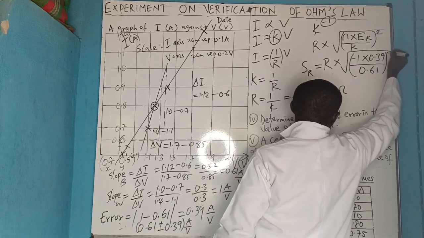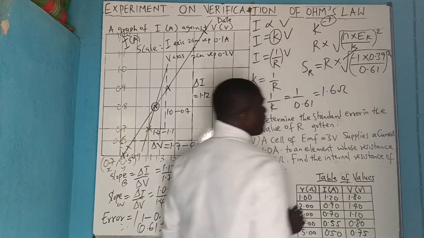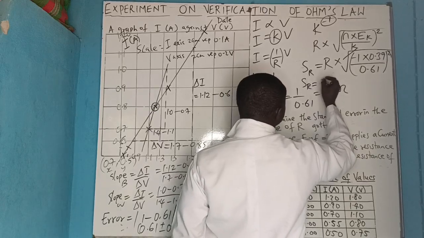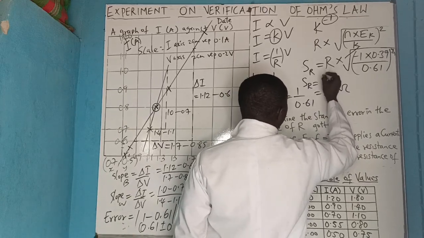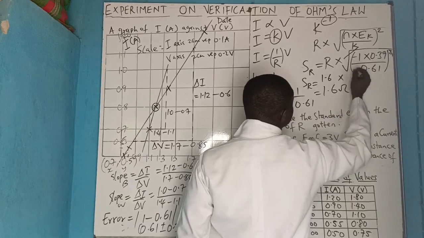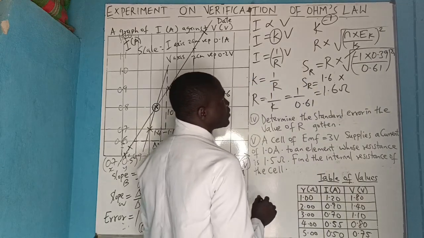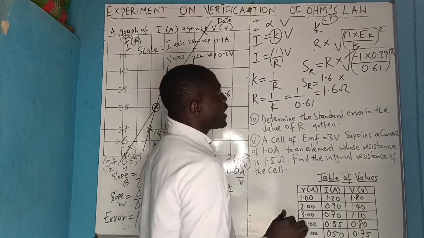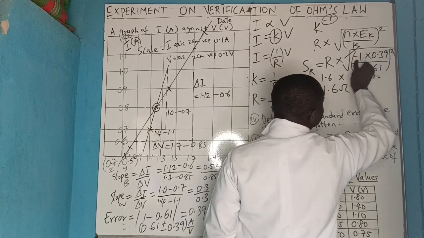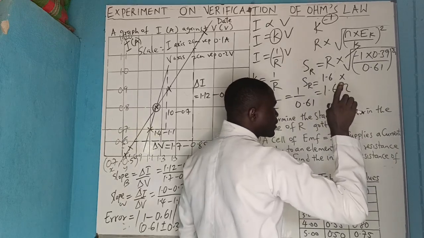Okay? That means the power of square root will take care of the power of 2. We will be having SR equal to R, which is 1.6, times minus 1 times this. When we square minus 1, you'll be having 1.